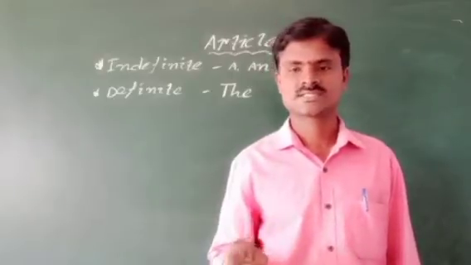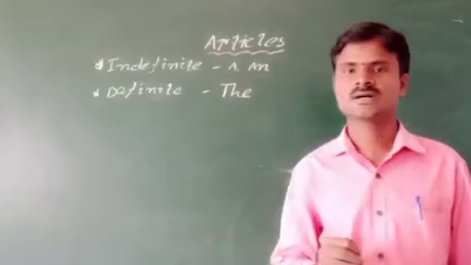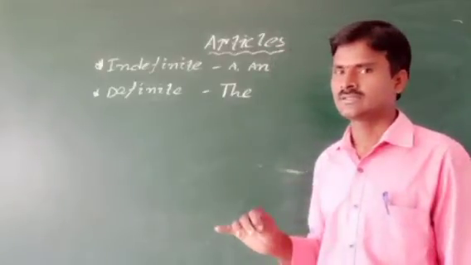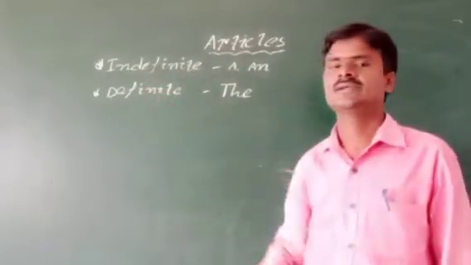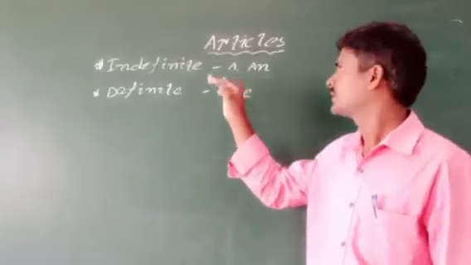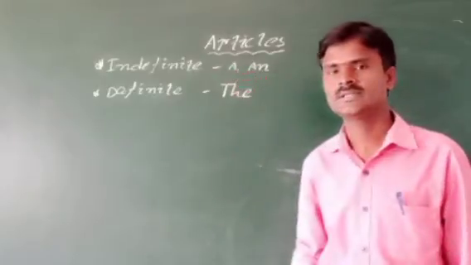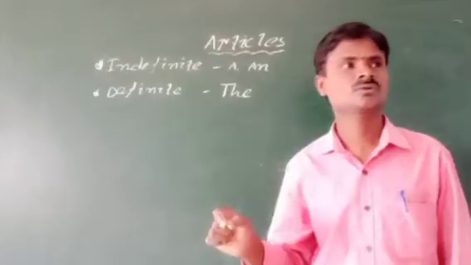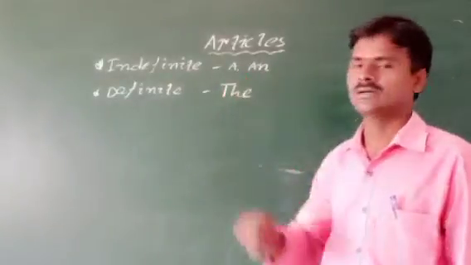Today we discuss articles. There are two types of articles in English: definite article and indefinite article. Indefinite articles are a and an. For indefinite articles we cannot say definitely, so in such cases we use a or an.